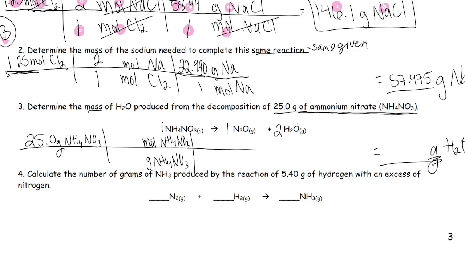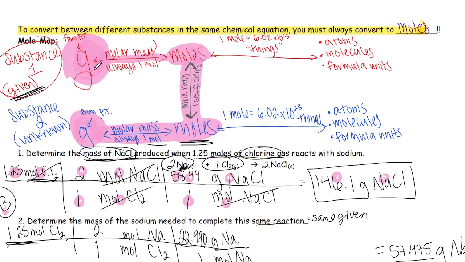I don't want to end in moles of NH4NO3, so I'm going to keep going. I bring that down to the bottom so that it cancels out, moles of NH4NO3. From moles of NH4NO3, I already mapped out that I'm going to go to moles of my second substance, my unknown substance. That's the one the question is asking about. So in this case, what is that substance? H2O.